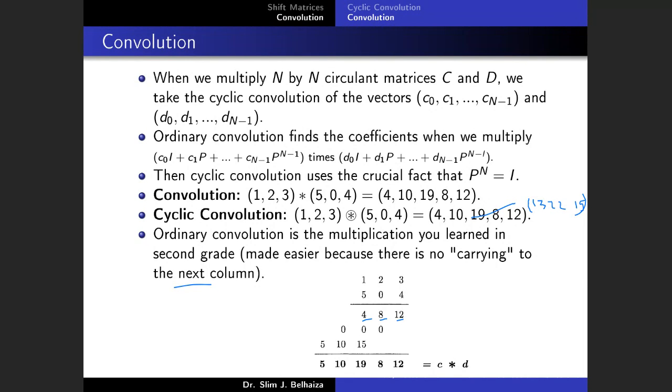On the next row, I get 0 by 3, 0 by 2, 0 by 1. And on the last, I get 5 by 3, 15, 5 by 2, 10, and 5 by 1. So if I sum them all now, I'm going to get 12, 8, 4 plus 15, 10, and 5. So this is in fact C multiplied by D by ordinary convolution. Okay?